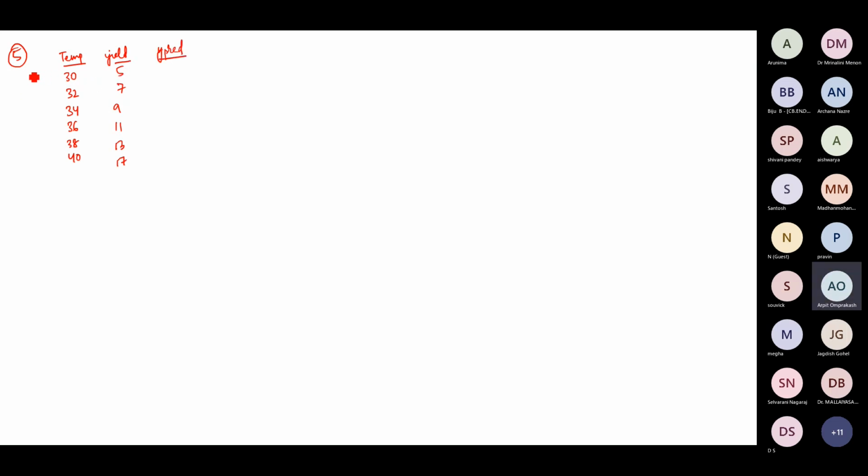We have 6 data points. For the first point, you need to leave out the first point and use the remaining ones, so we'll make another table. X is 32, 34, 36, 38, and 40. Y is 7, 9, 11, 13, 17.